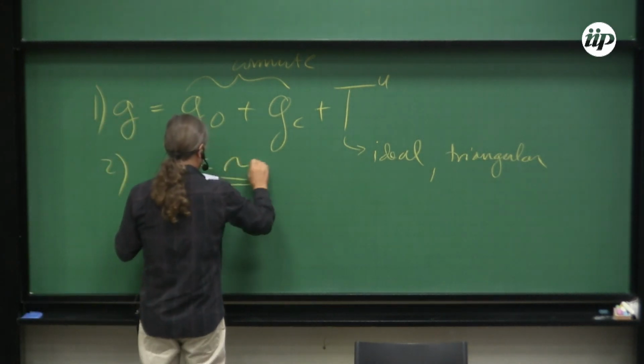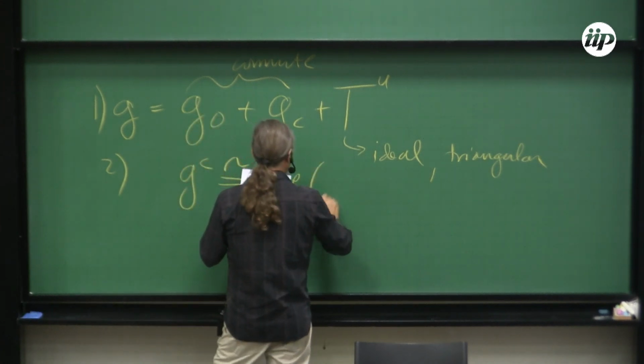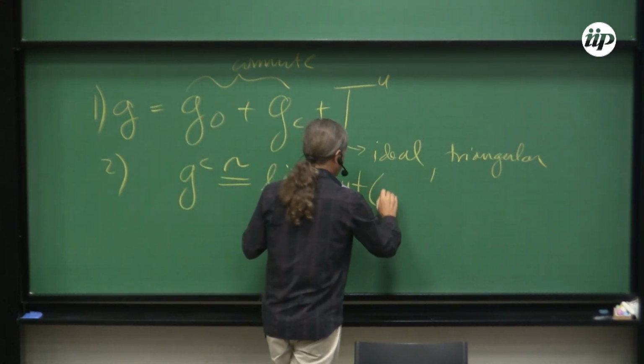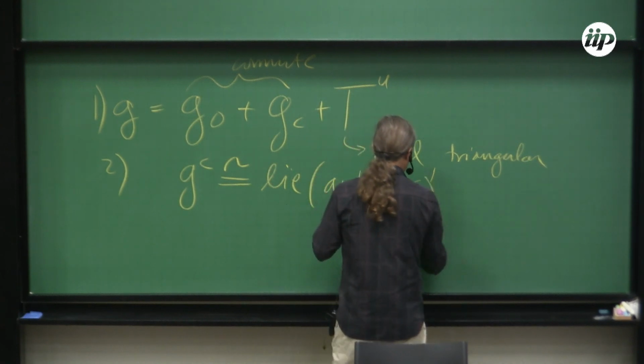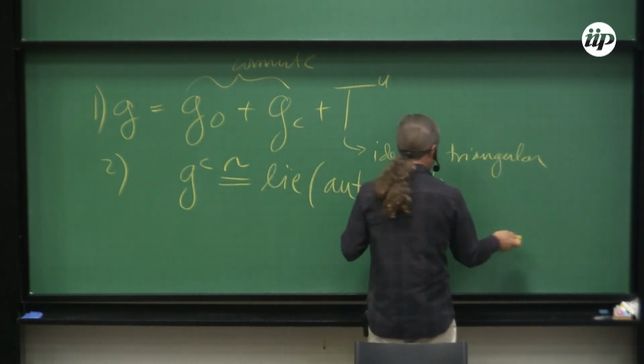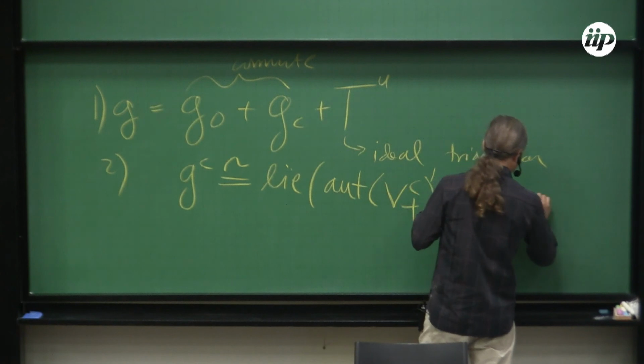GC is isomorphic to the Lie algebra of the automorphisms of VC plus, this kernel, and the isomorphism is by restriction.